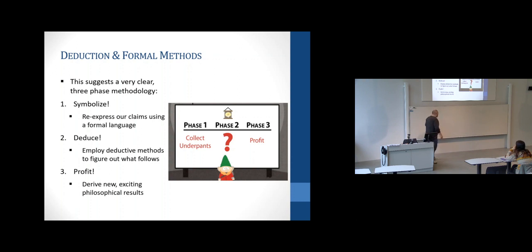Take your philosophical claims, all of that ordinary language. Ordinary language is crap. It's wonderful and expressive. It's also muddy. It's vague. It allows for a bunch of indeterminacy that we don't want. So get rid of it. Symbolize it. Express it in our beautiful, pristine, perfect formal languages.